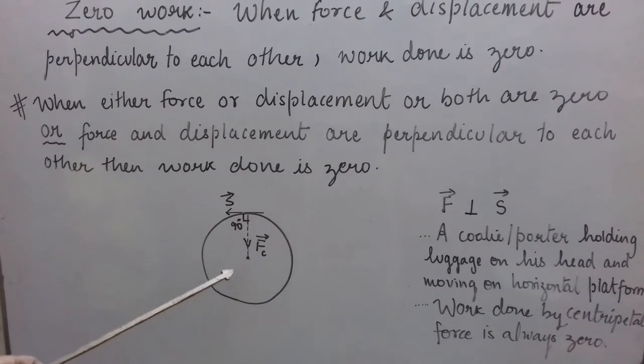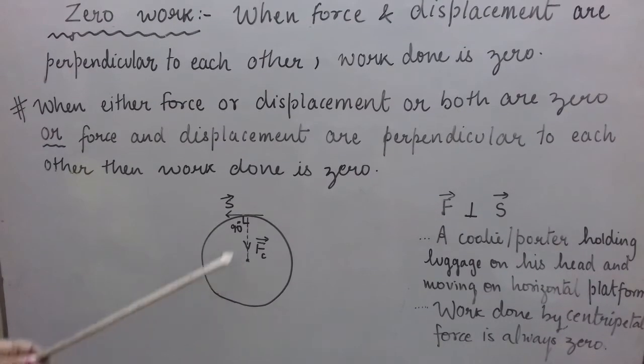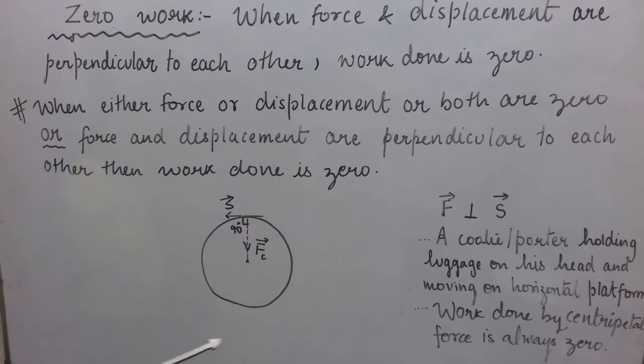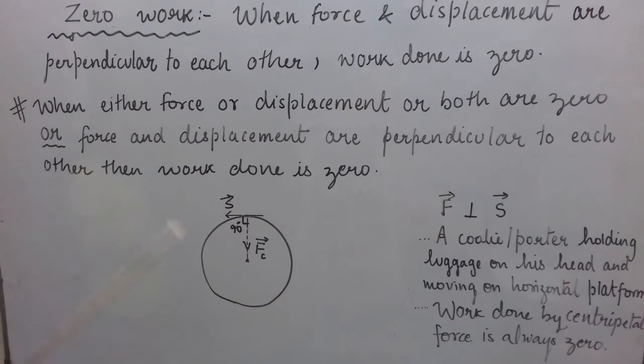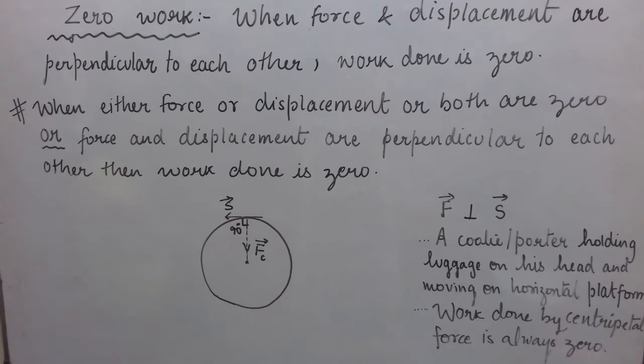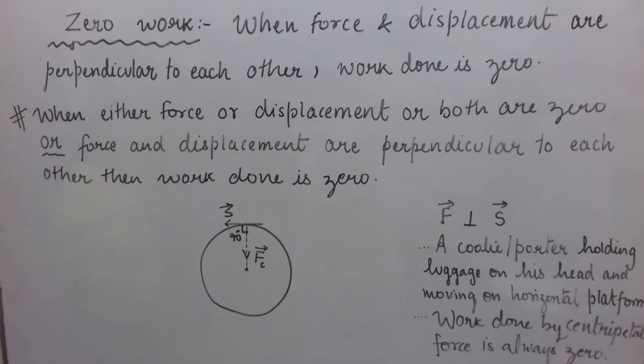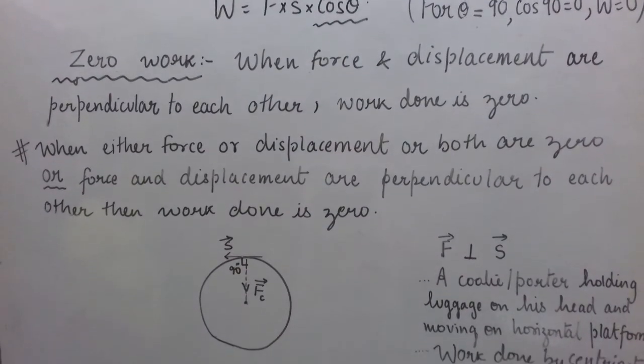So we say Earth's gravity does zero work on the moon when it revolves around the Earth. Just remember, work done by centripetal force is always zero, as force and displacement in uniform circular motion are always perpendicular to each other.